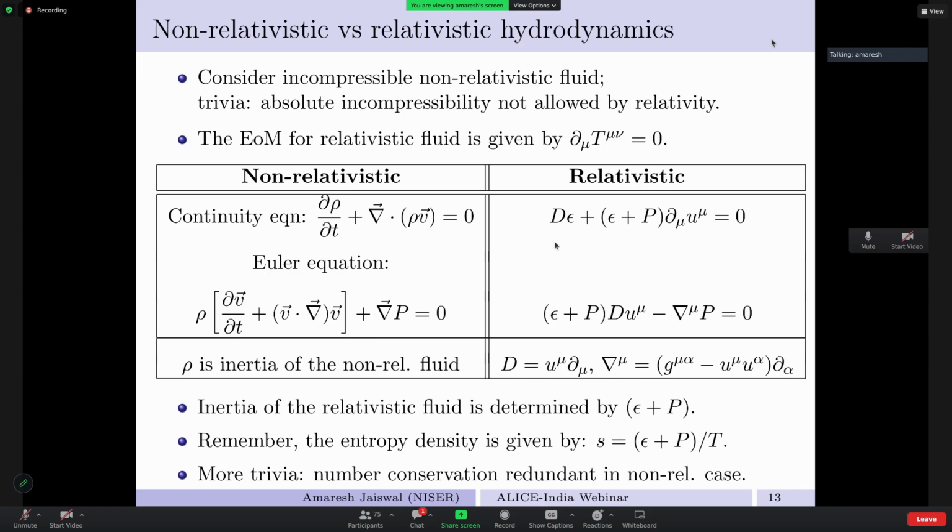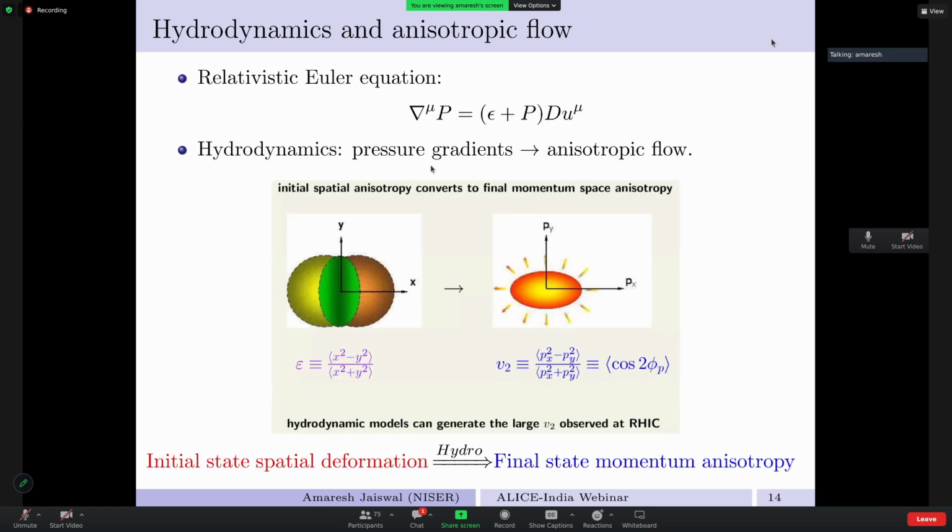We worry about net number density, or net charge, which is conserved, because there can be particle pair production or annihilation. So energy or momentum conservation does not guarantee charge conservation. It has to be imposed separately, and pair production is a purely relativistic feature. You don't see that in non-relativistic cases. All right, so this is the relativistic Euler equation: a gradient of pressure leads to a change in fluid velocity.